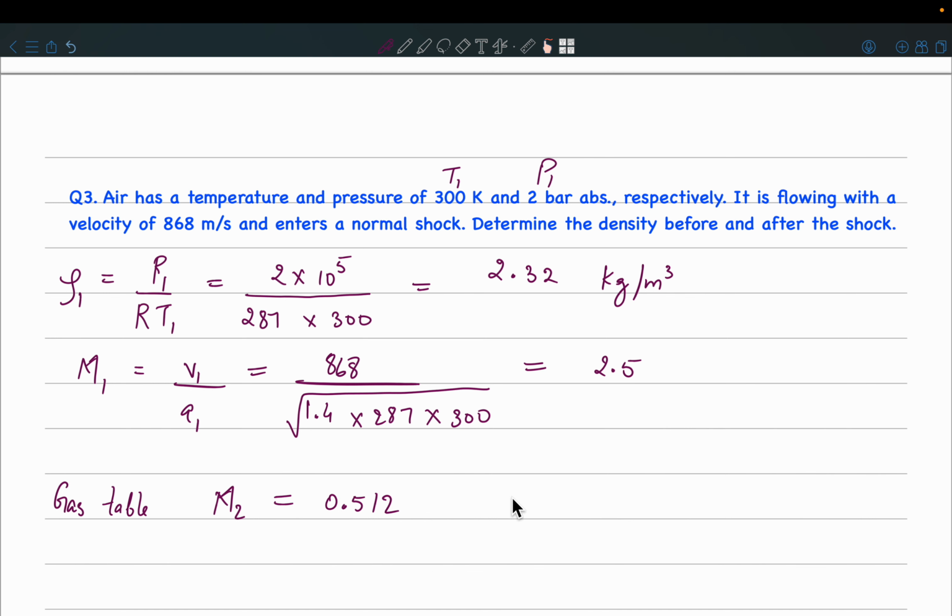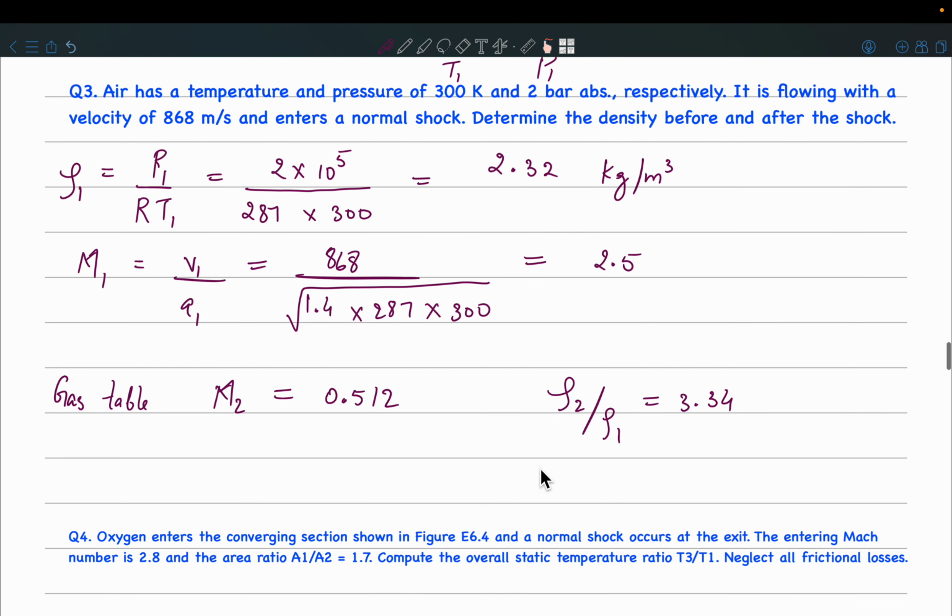You don't even need to find pressure ratios. The density ratio is 3.34, okay. So then you can tell me the value of rho 2. Rho 1 is 2.32, right? And that multiplied by 3.33 is how much? No, just check your calculation.